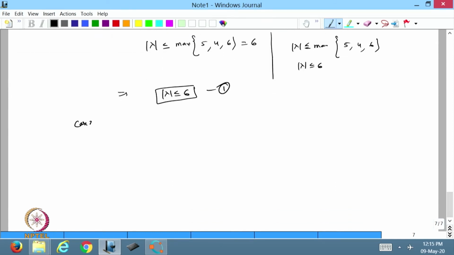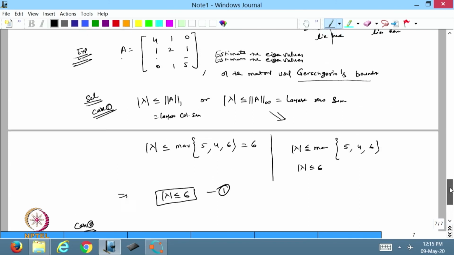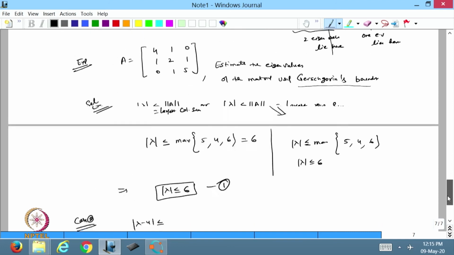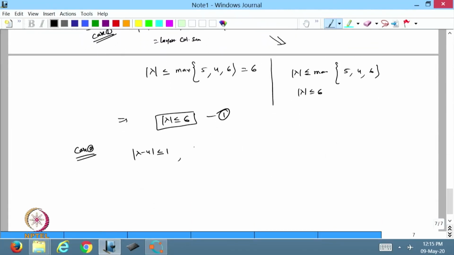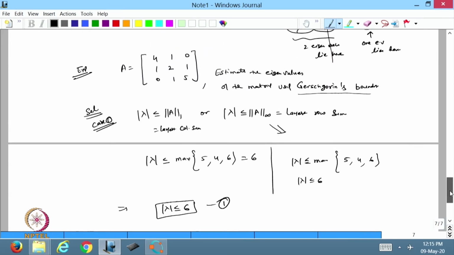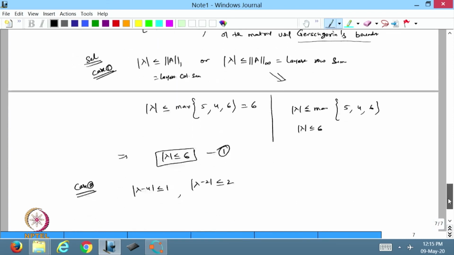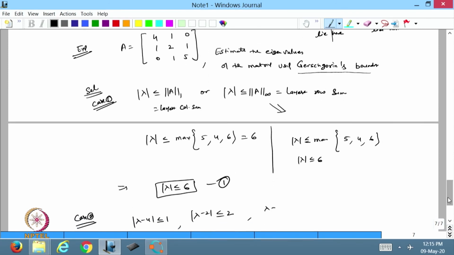Now, case 2, I will apply the Gershgorin theorem. In that case, the magnitude of lambda minus 4 is less than or equal to 1, lambda minus 2 is less than or equal to 2, and lambda minus 5 is less than or equal to 1.